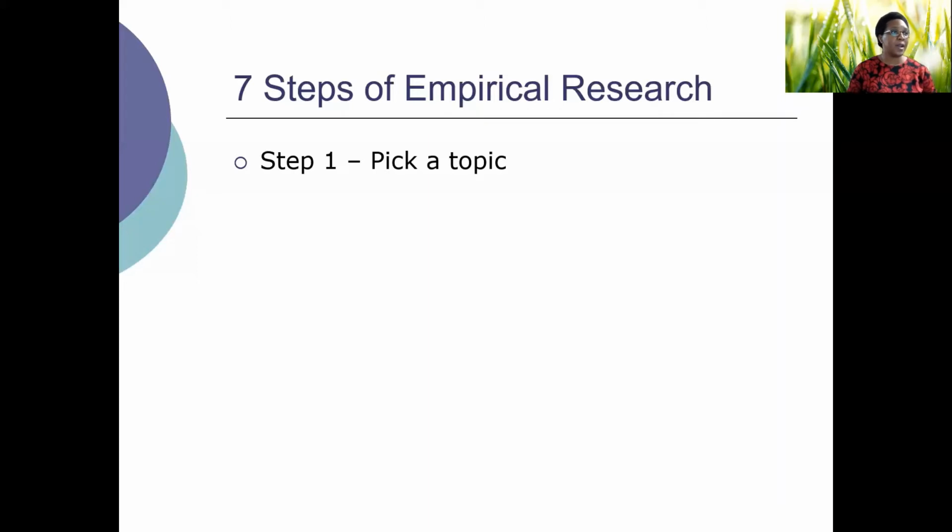Or if you are an educator, maybe you're interested in school culture. So identify a topic that you're interested in, and then from there you can funnel down that topic. So for now, you just identify your topic.